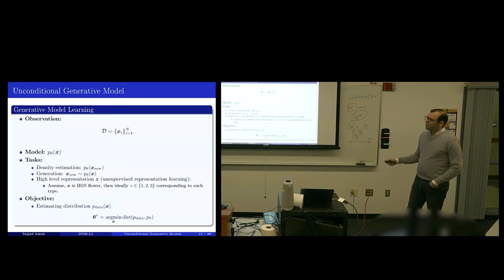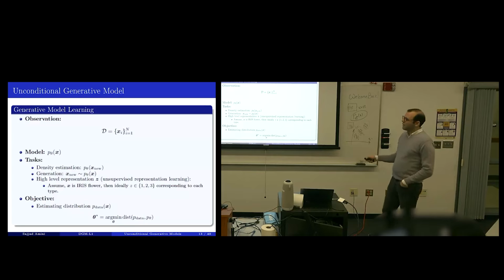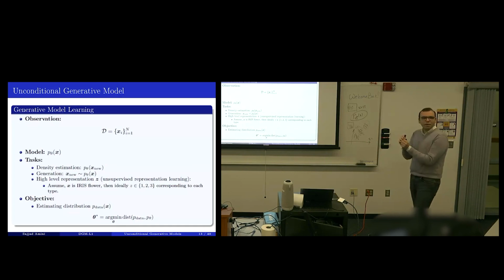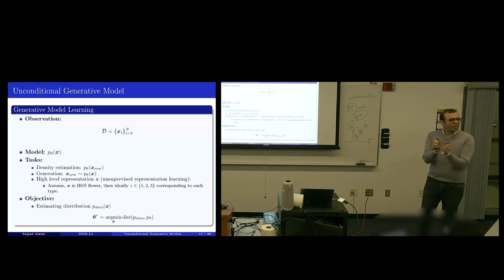And the objective is: you have a data distribution. It means that the real-world dataset is coming from a distribution. We do not have access to that distribution, but we have a model. We want to fine-tune the parameters of that model such that we have the lowest distance. The distance should be defined. We do not know anything about the distance. This is the topic of this course. We should define a tractable distance.